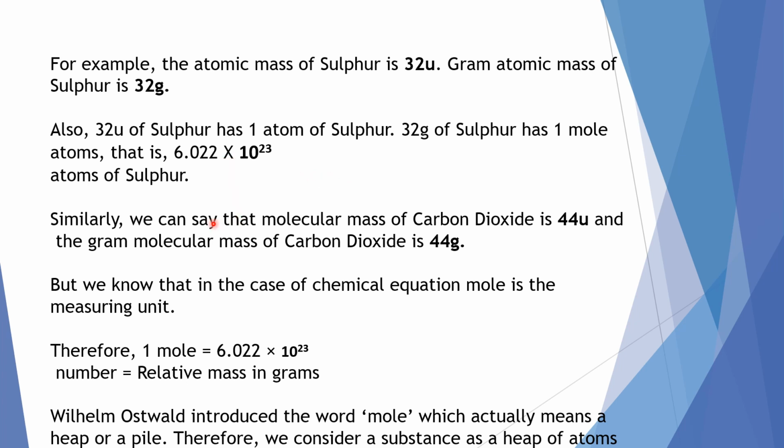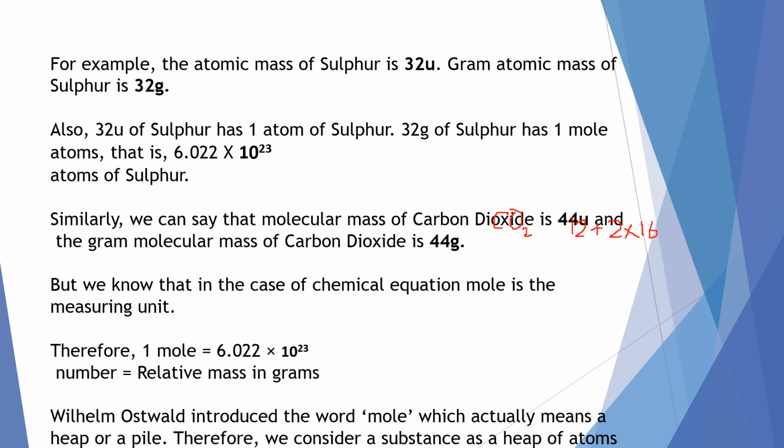So now we take one molecule. We can say that the molecular mass of carbon dioxide is 44 U. How did we get 44? See, carbon dioxide is CO2, and the mass of carbon is 12 plus, here how many oxygens are there, 2 into, what is the mass of one oxygen, 16.